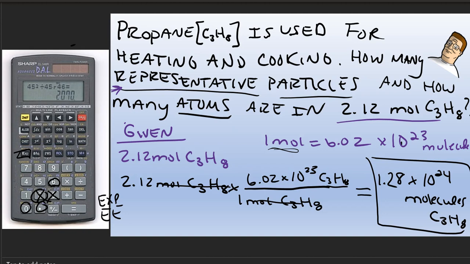And to go from molecules of propane to how many atoms there are, you've got to look at this molecule, C3H8. We've got 3 carbon atoms and 8 hydrogens. So every molecule of propane has 11 atoms in it.